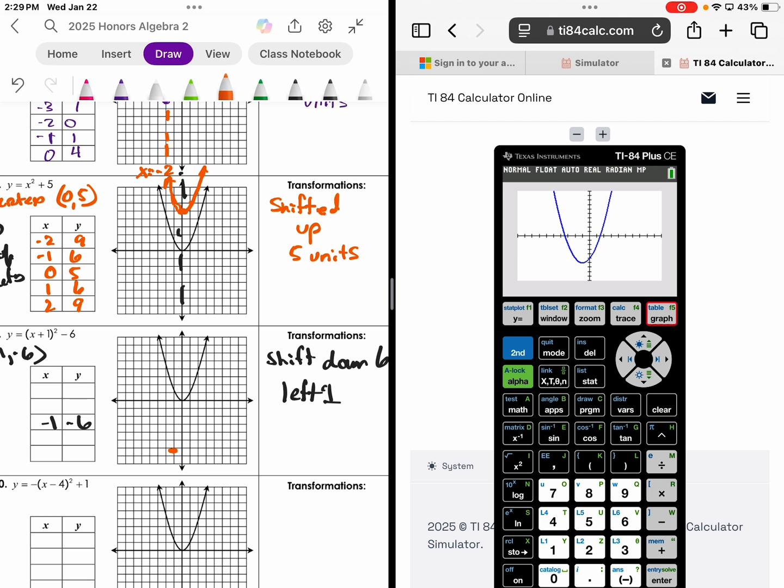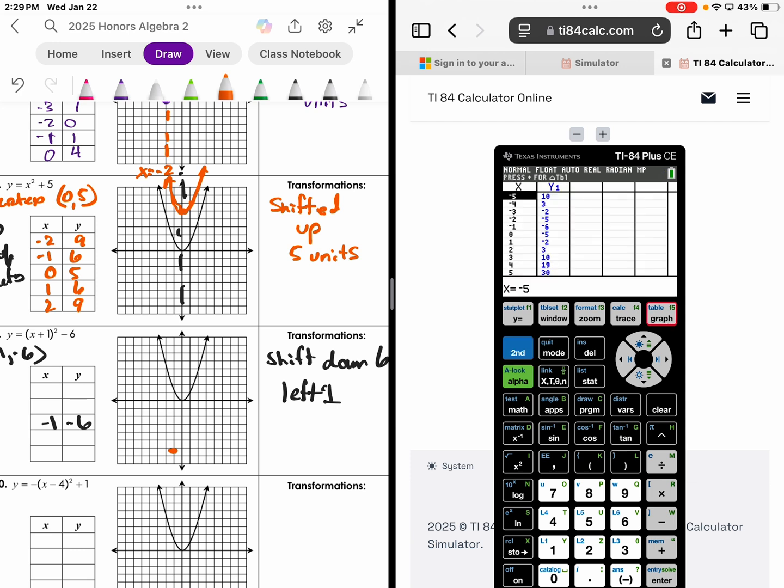I'm going to grab my table real quick here. Second graph. -1, -6, and then I could get to use negative. Whoops, sorry, wrong direction for negative. That should be 0 and 1, and then that's -2 and -3. So -2, -5, and -3, -2.